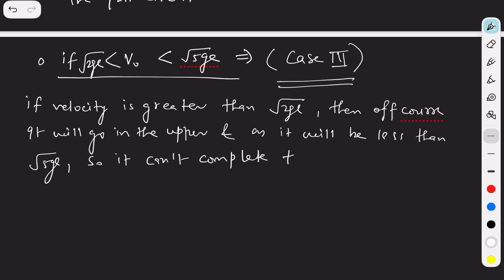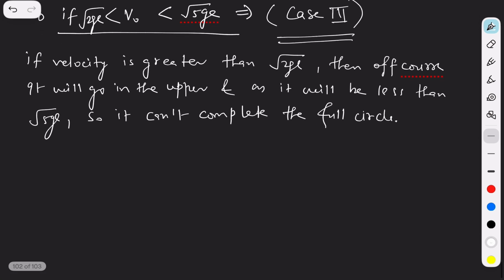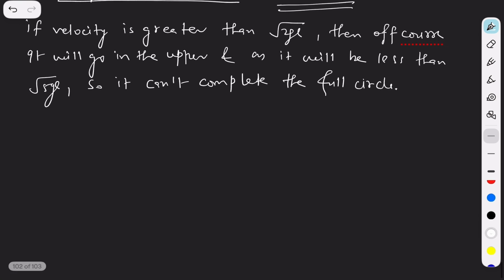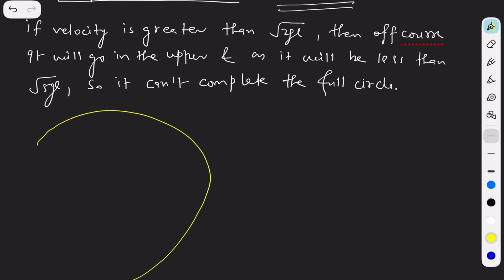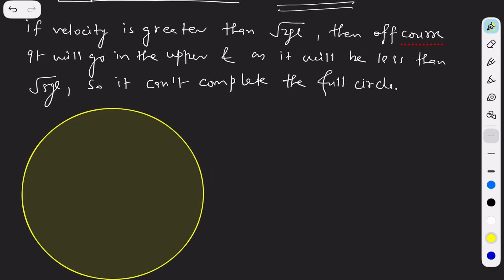So the question comes: if the velocity is falling in this category, what will happen? Let me show you the situation. Suppose this is your circle, and this is your center, and this is your particle which is attached to this string.